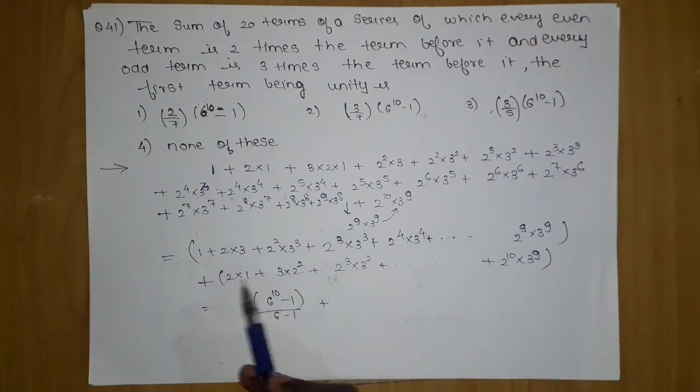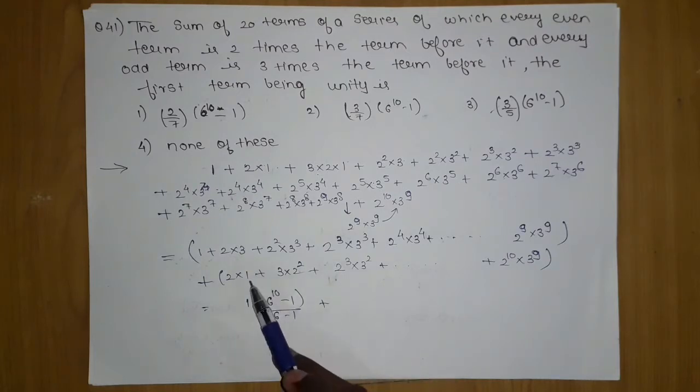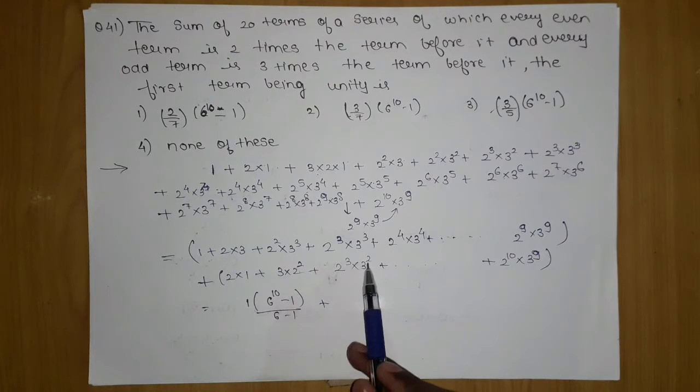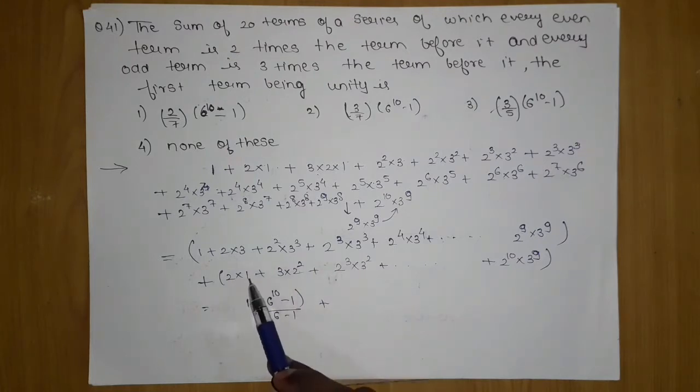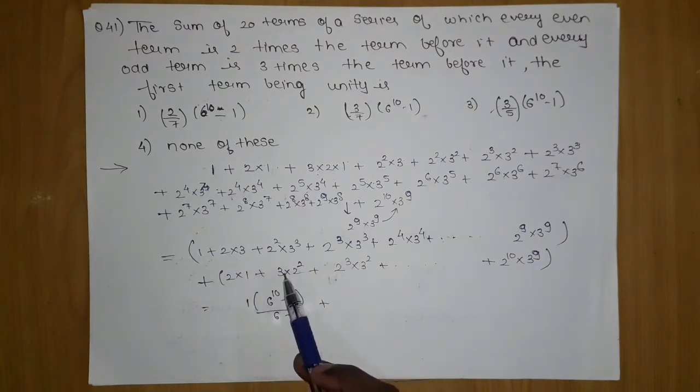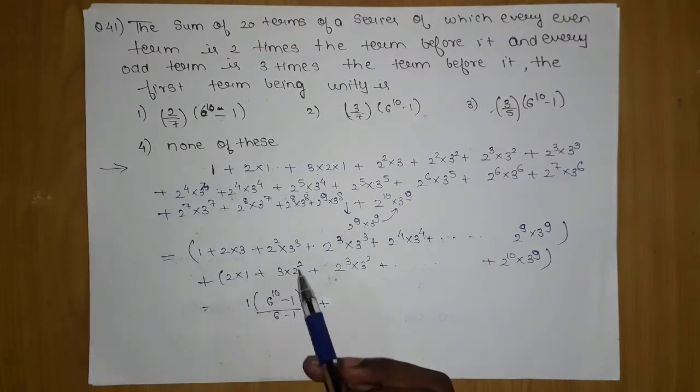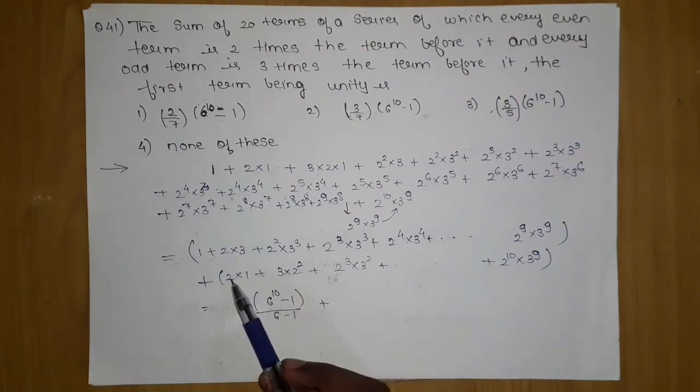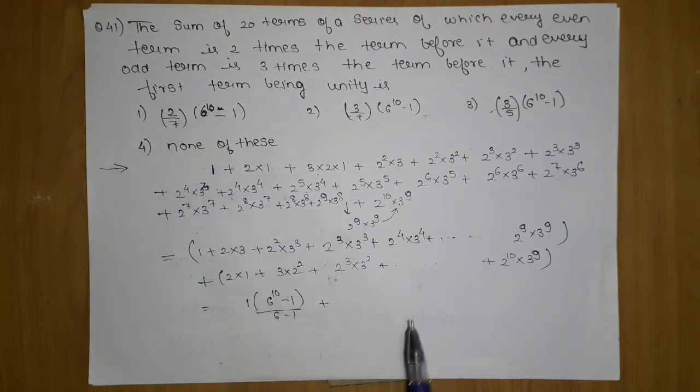So this can form a GP and this can form an AP. First 2 power 0. Have we missed any terms or what? 3 into 2 power 2. Have we missed any term?